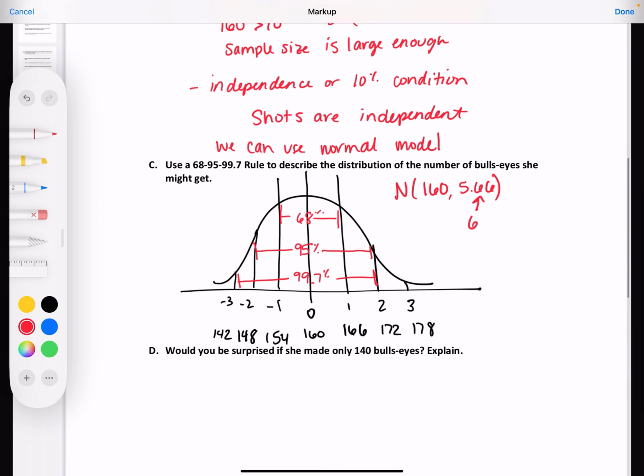So then, would you be surprised if she made only 140 bullseyes?